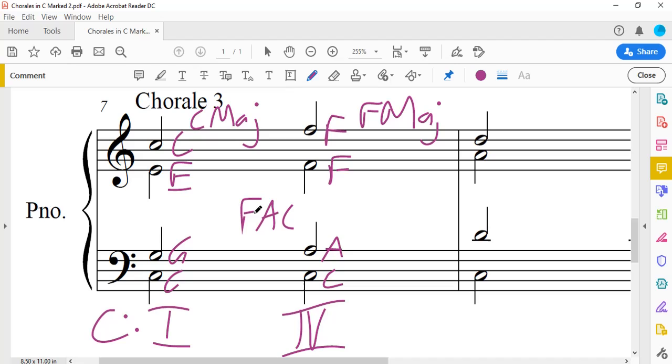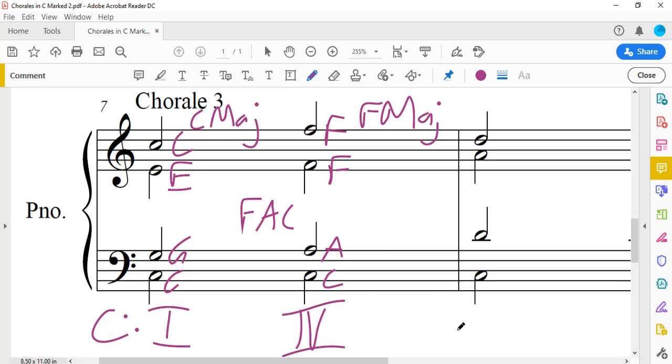Now, if it's F in the bottom, that is root position. A as the lowest note would be first inversion. C as the lowest note would be second inversion. That's what we have here. We have a 4 chord in second inversion.